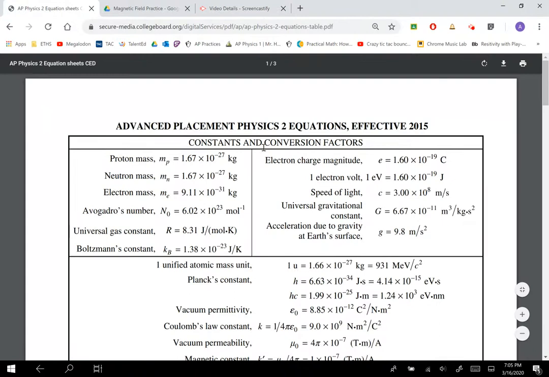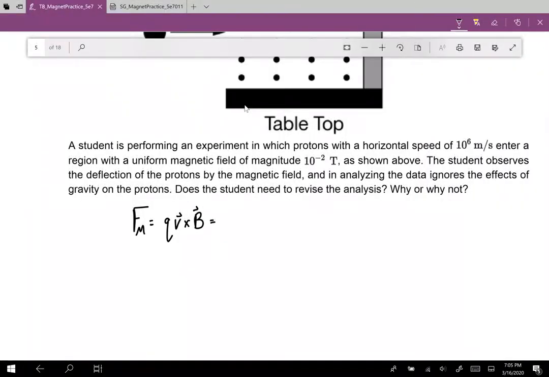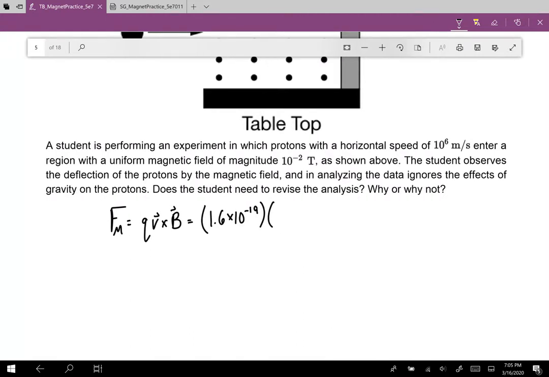So it doesn't tell us the magnitude of a proton, but the charge of a proton is equal to the charge of an electron. So we know that the charge of a proton is 1.60 times 10 to the negative 19th coulombs. So let's plug that into our equation for Q. The velocity that it's shot with is 10 to the 6th meters per second.